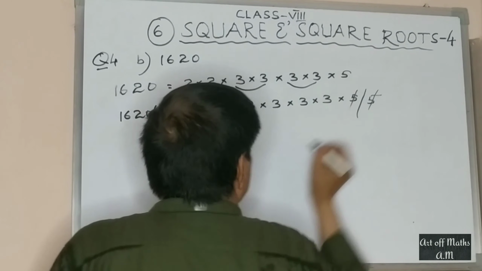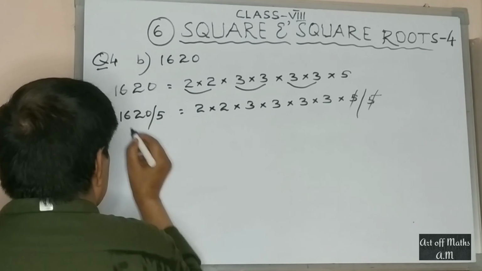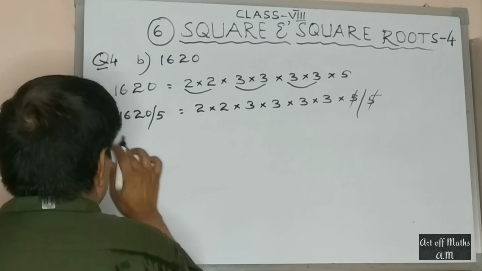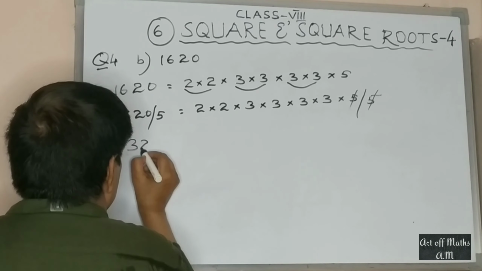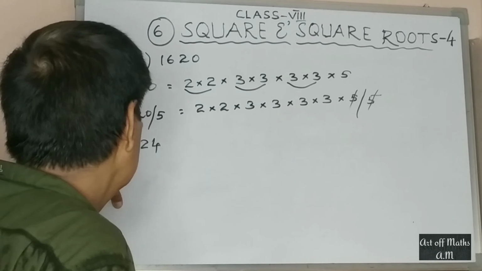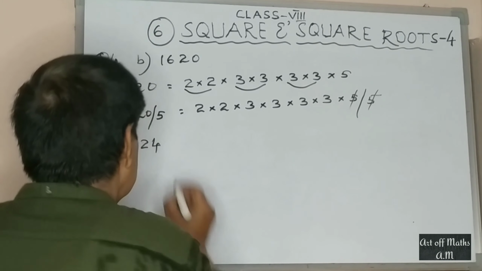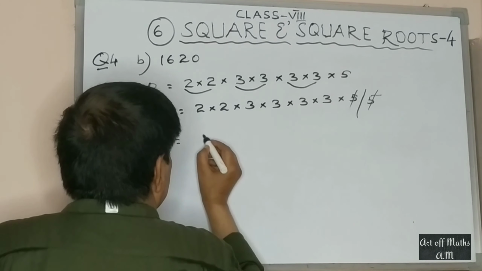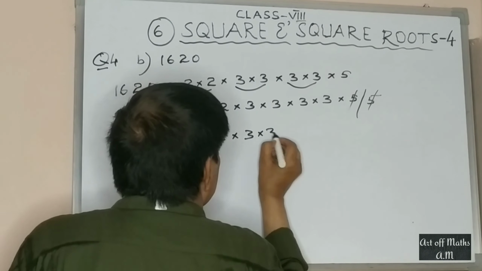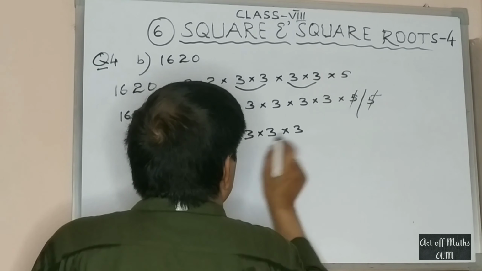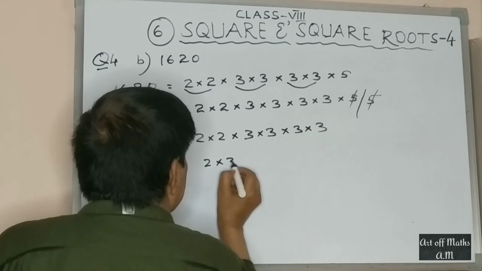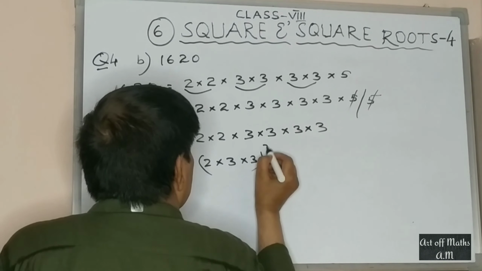It will be cancelled. This will be 324. Now 2 into 2 into 3 into 3 into 3 into 3.